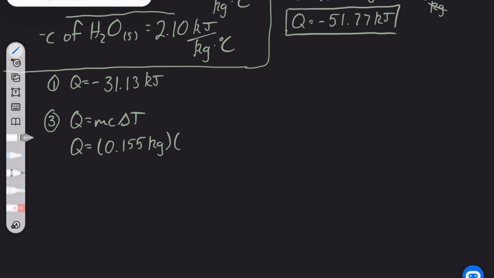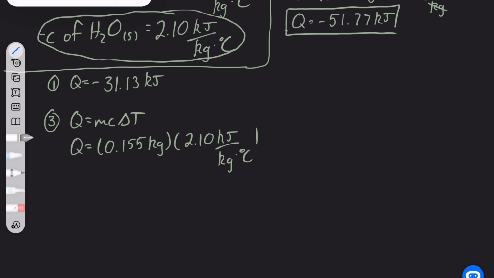So we have our new value up here. It is going to be 2.10 kilojoules per kilogram degrees Celsius. And finally, our delta T is going to be negative 19 degrees Celsius. So we can go ahead and plug those in. We have 0.155 multiplied by 2.10 multiplied by negative 19.